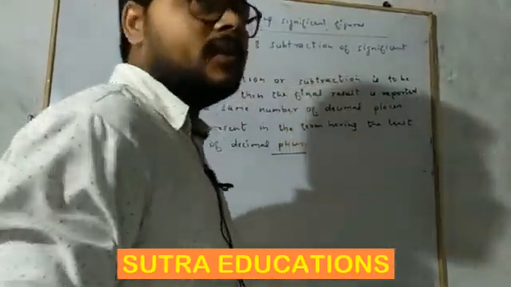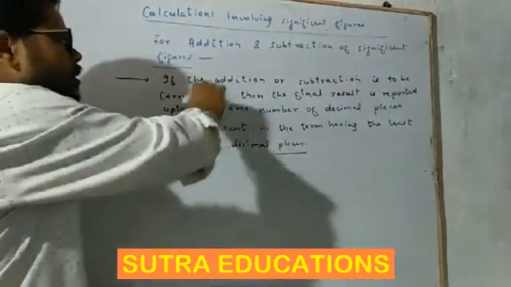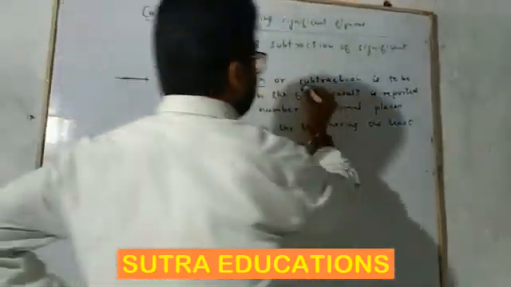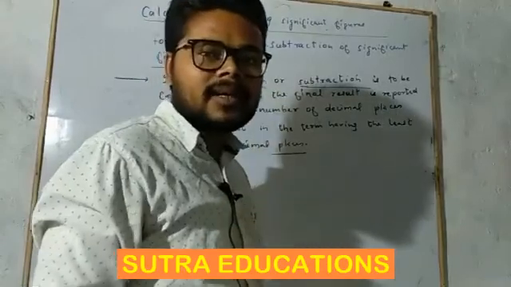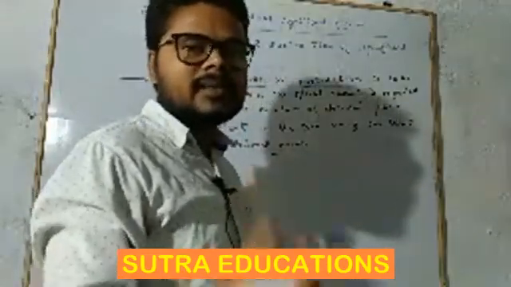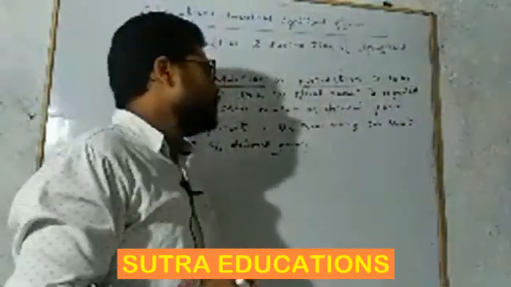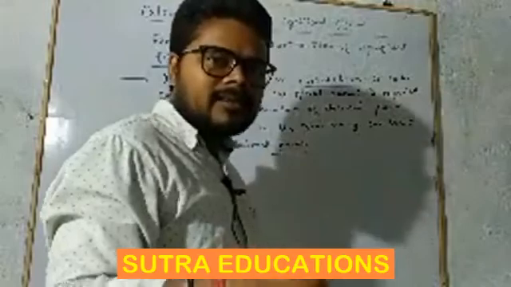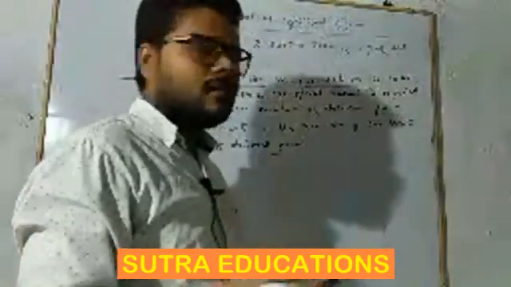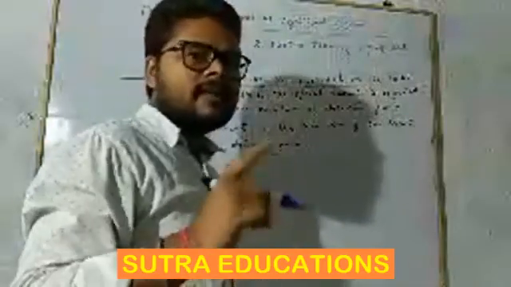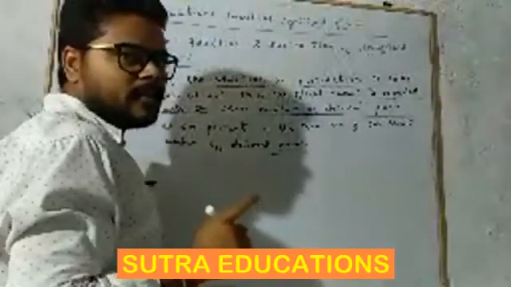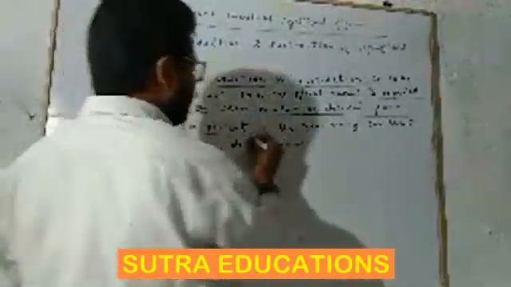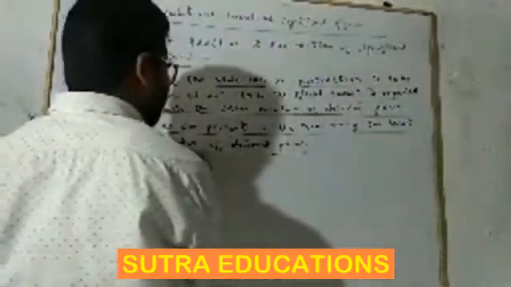I am repeating the statement: if the addition or subtraction is to be carried out, we are adding or subtracting, then the final result will be reported up to the same number of decimal places as are present in the term having the least number of decimal places.